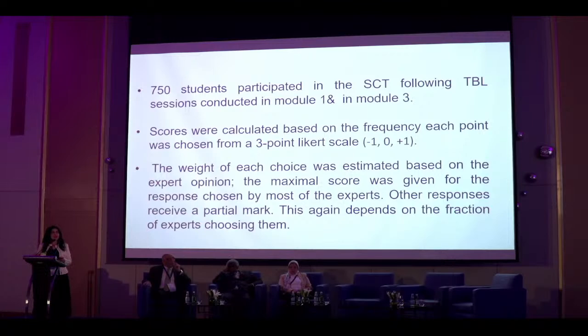The scores were calculated based on the frequency each point was chosen from a 3-point Likert scale. The weight of each choice was estimated based on the expert opinion, because the script concordance test is not about one choice being correct. Maybe more than one choice can be correct, and you can give partial marks to the student. Based on this, we placed the scores and we calculated the maximal score and the partial mark, and the test was repeated twice.